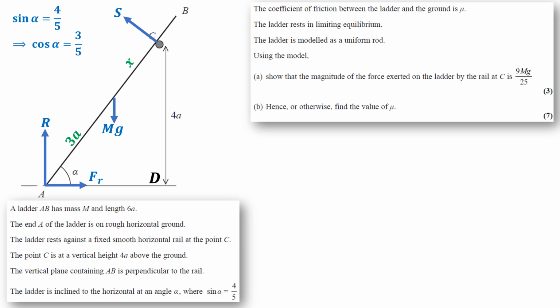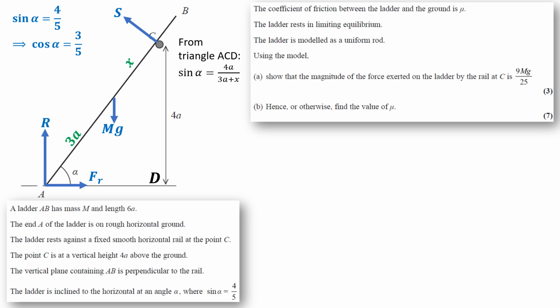The other thing I like to do, if they give me information like here's what sine alpha is equal to, I'll use that to work out what cos alpha is, so that whichever one I need later on in the question, I can read it off directly as a nice fraction. And then I'm going to look at the triangle that I think should tell me the distance x. The vertical height from C to D is 4a, and I'm interested in the hypotenuse, the distance from A to C. And I already know sine of alpha.